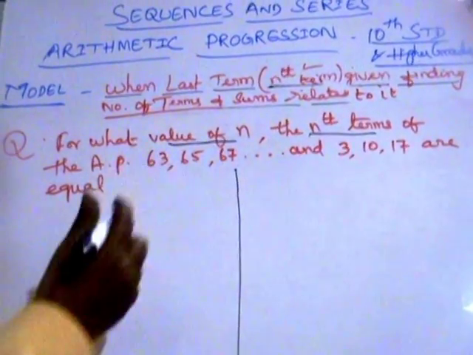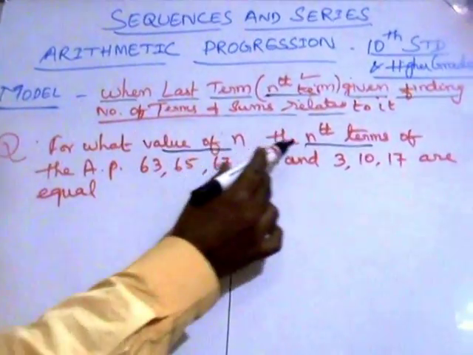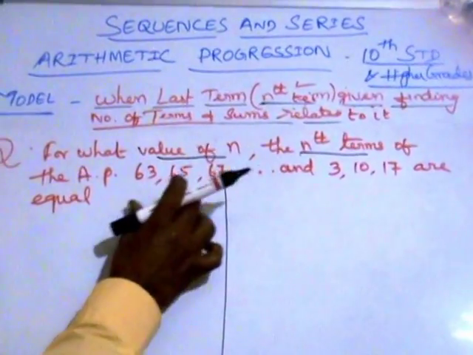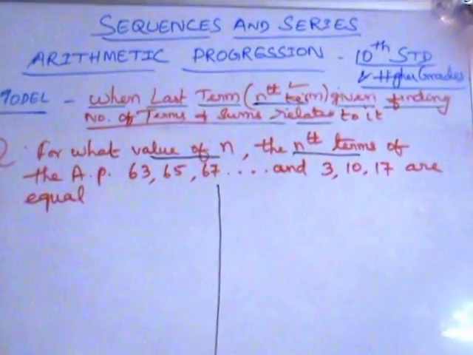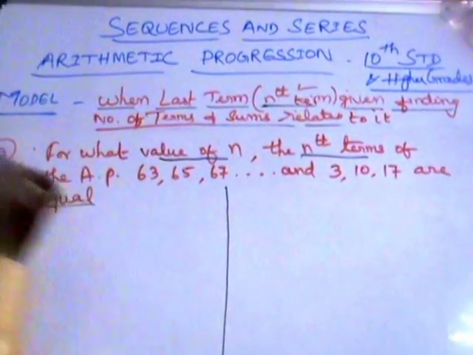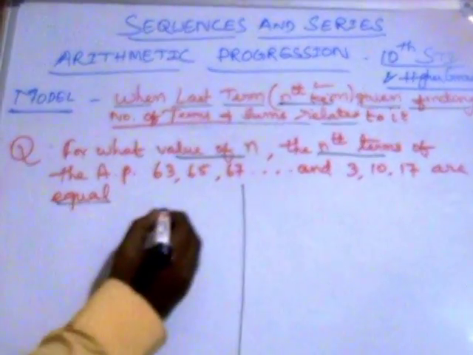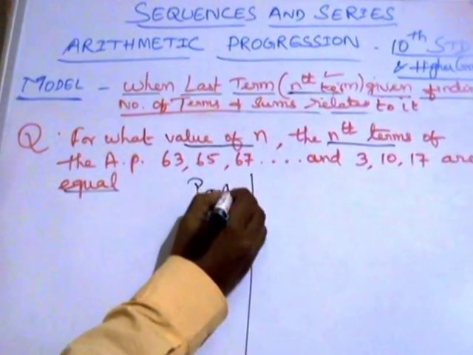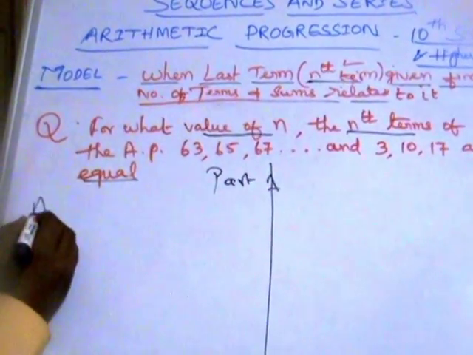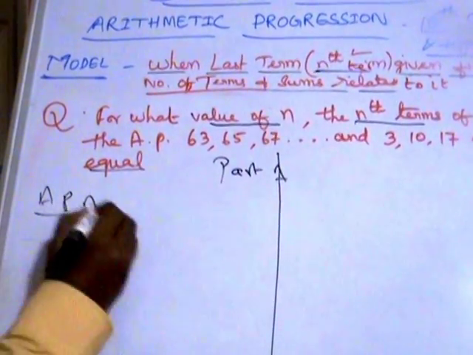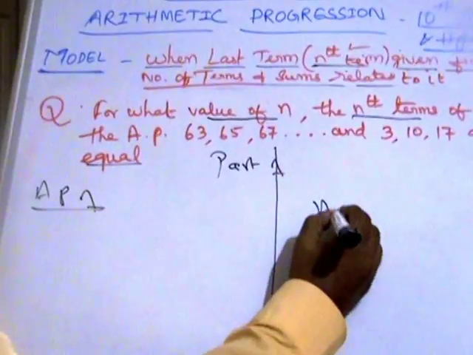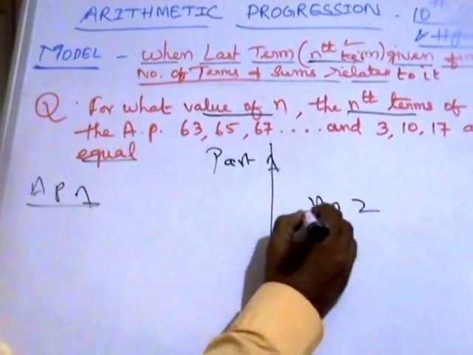Now this question says, for what value of n, the nth terms of the APs are equal. There are two arithmetic progressions given, and they are telling the nth terms are equal. So first we'll do part 1. In part 1, they are given arithmetic progression 1 and arithmetic progression 2.